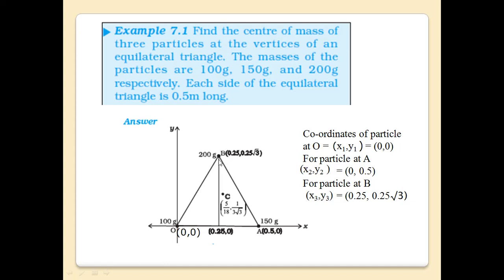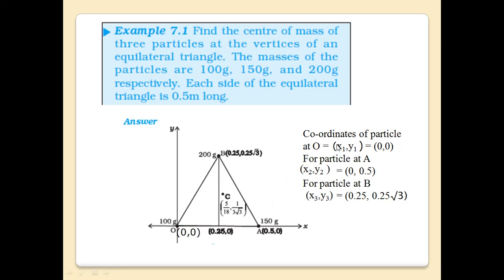What about the third one? The third particle is at B. Here the x-axis distance is half of the 0.5, half of the side. So it becomes 0.25. And if you work out with the sine 60 formula, you will get the distance on the y-axis to be 0.25 root 3.